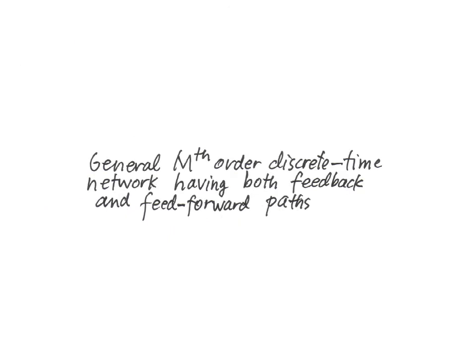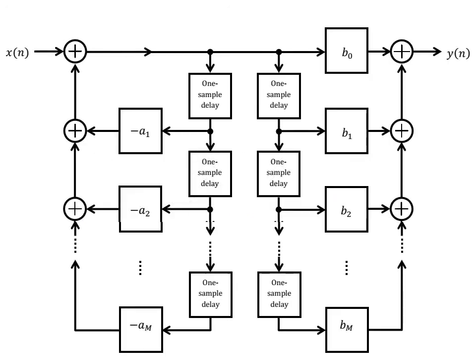Let's take a look at this general mth order discrete time network having both feedback and feed-forward paths. What you see here is a figure shown on page 20 of our textbook, figure 6.13, compressed slightly to fit on the slide.